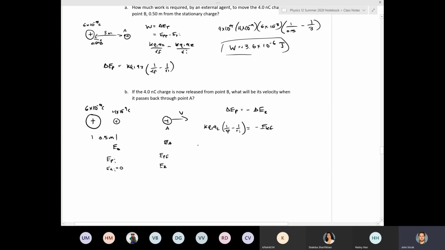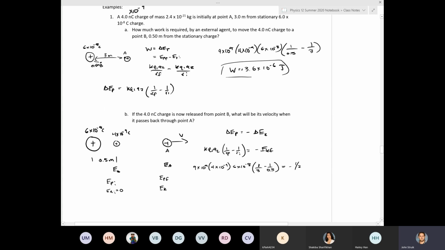So 9 times 10 to the 9, 4 times 10 to the negative 9, 6 times 10 to the negative 8, times (1 over 3 minus 1 over 0.5) equals negative 1/2 times m. M was 2.4 times 10 to the negative 21, and then v squared. Now notice how the delta EP is just switched.